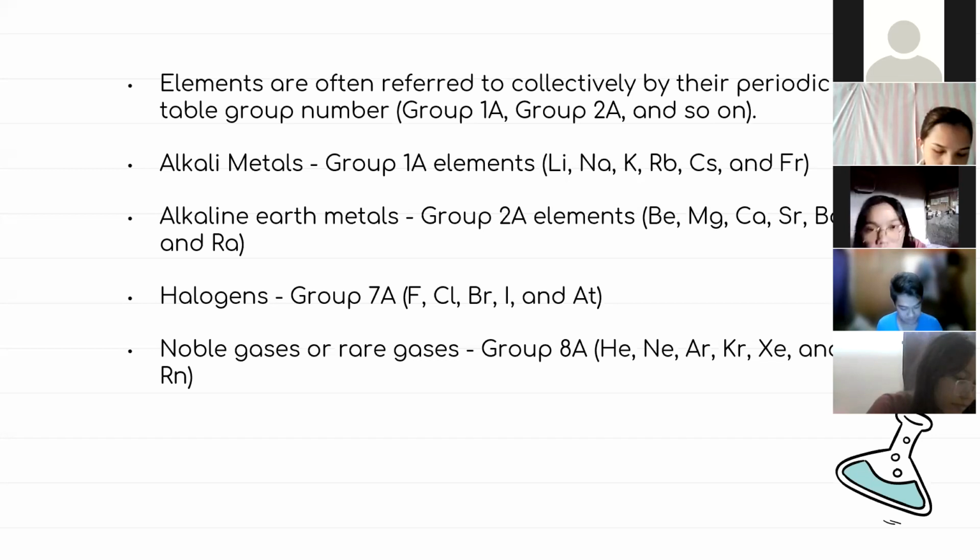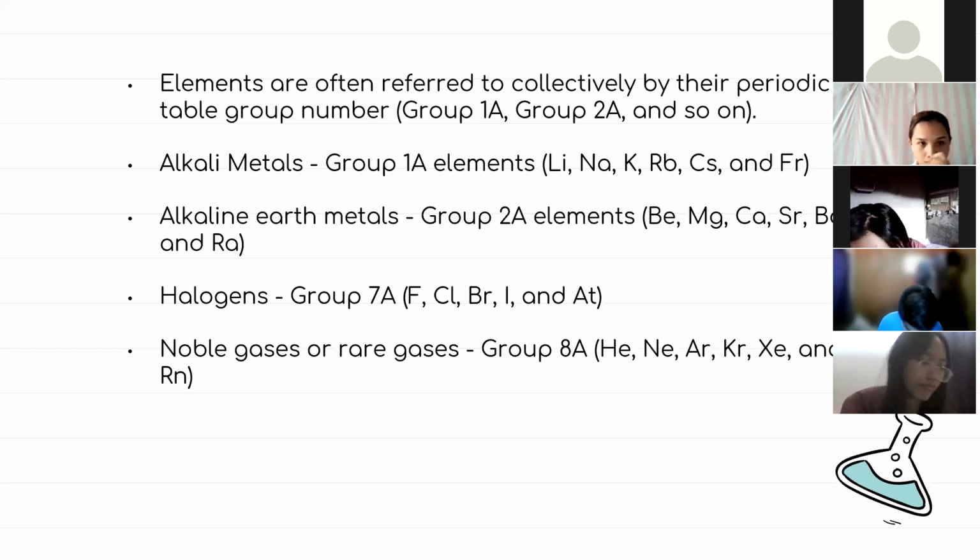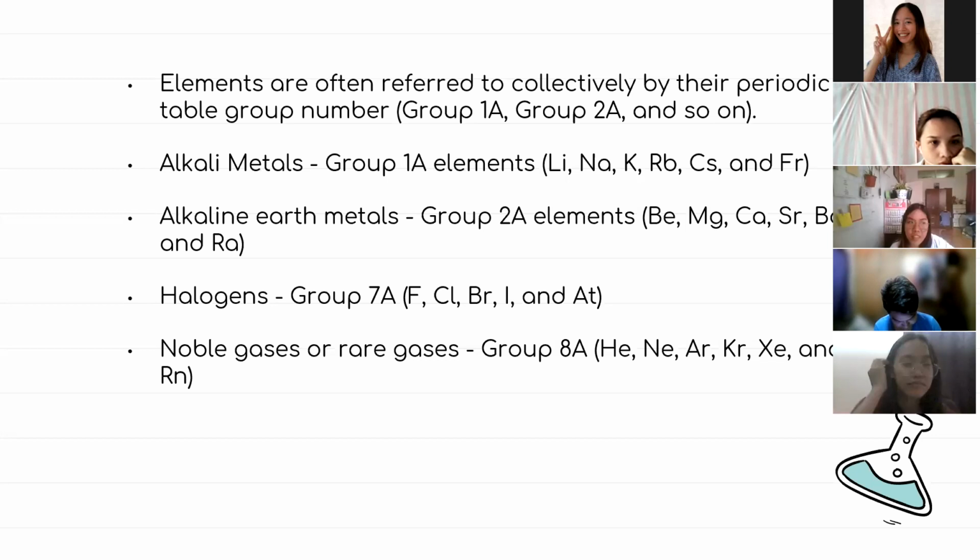So Group 8A, what is it called? We have the Noble gases, ma'am. Okay, very good. Noble gases. And then 7A, we call them halogens.